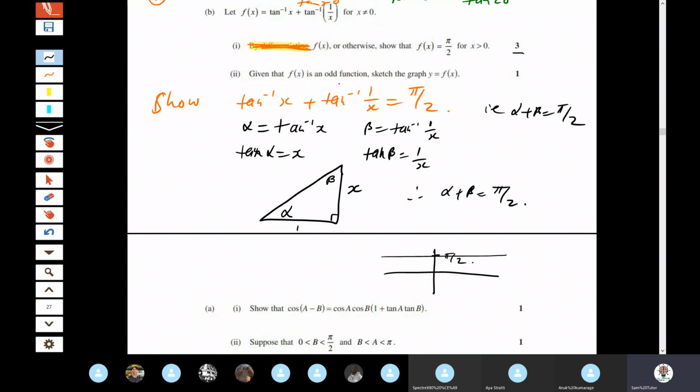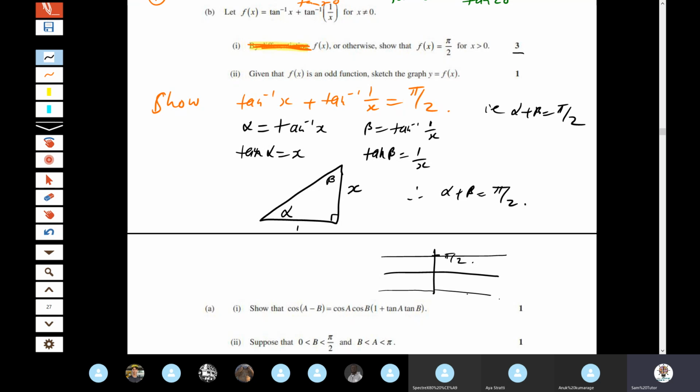The only bit I'm trying to query is saying that f of x is an odd function, which doesn't show that it's an odd function. For it to be an odd function, the only way is for it to also be down here. Give me a second.